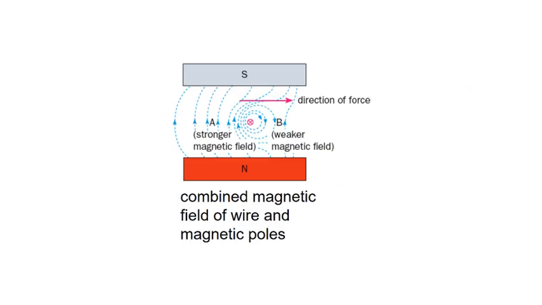We're going to take a look at the previous diagram once more. This time round, instead of using a stronger field and weaker field to explain, we're going to use Fleming's left-hand rule. As you can see, our magnetic field is moving from north to south, so I'll draw an upwards arrow to indicate the magnetic field. We know the current is moving away from us, so we indicate that with a cross.